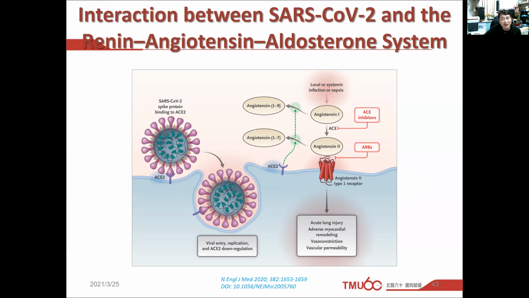They still maintain angiotensin 2 bound to the type 1 receptor, which makes the vascular tone smaller, leading to acute lung injury, and also increasing vascular permeability, which will increase the infiltration of leukocytes, and of course leading to ARDS and pneumonia.